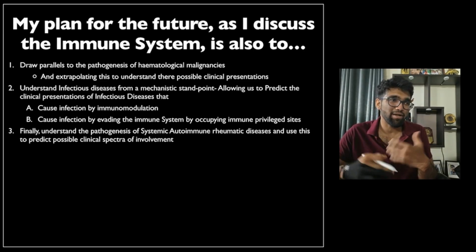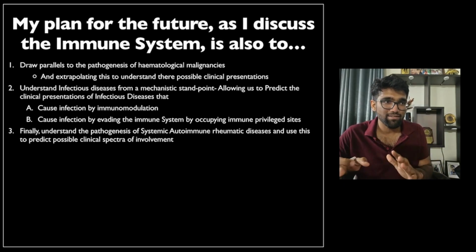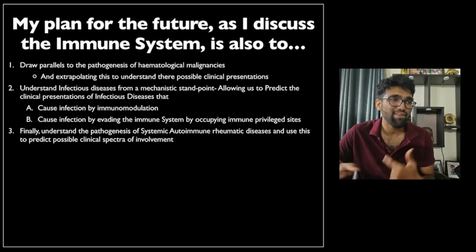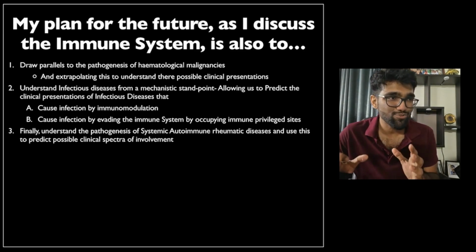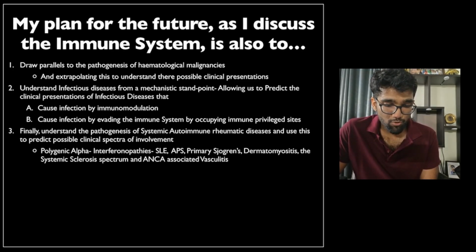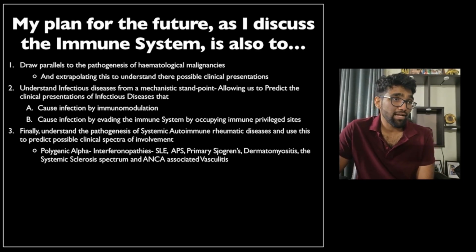So the better you understand the immune system's physiology and functional dynamics, the better you understand the pathogenesis of these disorders, and vice versa. Okay, so it has to form a coherent whole in your brain to be relevant in a clinical setting. So we'll talk about polygenic alpha interferonopathies like SLE, antiphospholipid antibody syndrome, primary Sjogren's, dermatomyositis, systemic sclerosis spectrum, and ANCA vasculitis.